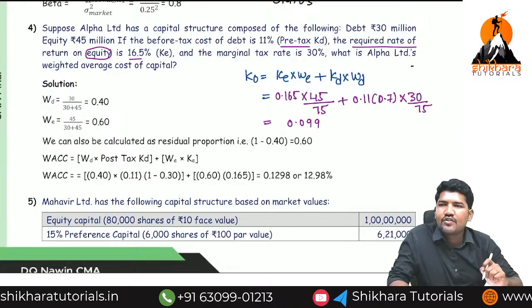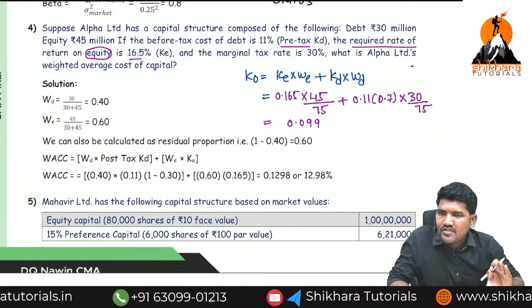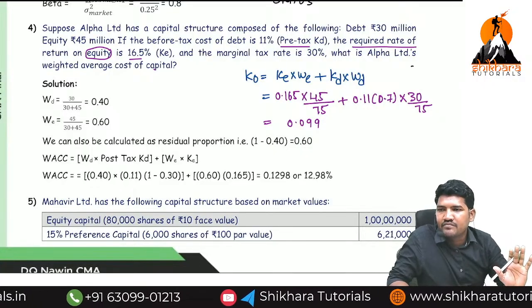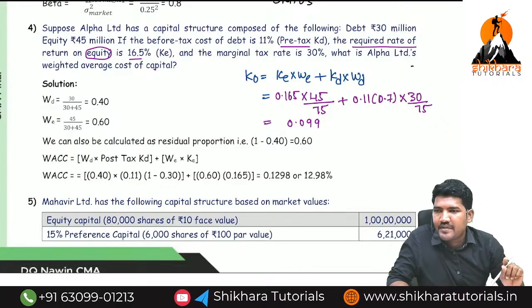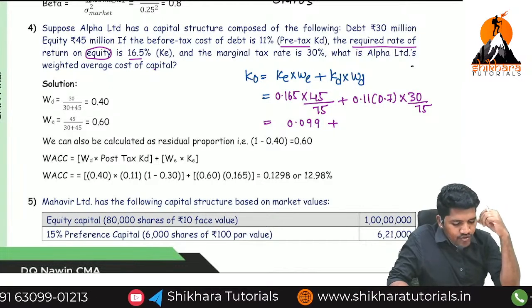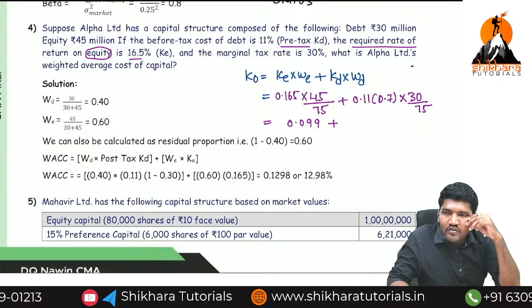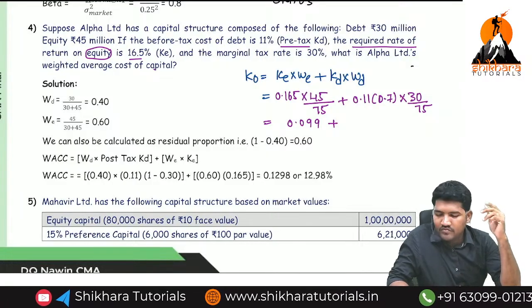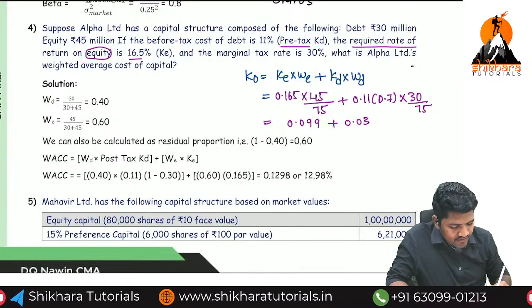This 0.099 is known as the weighted cost of equity capital. It is not an individual cost. Plus 0.11 into 0.7 into 30 divided by 75, which is 0.0308.